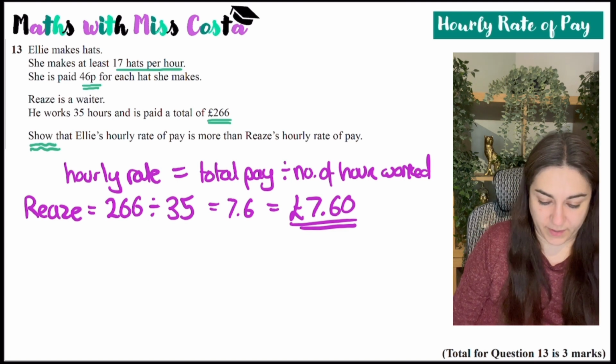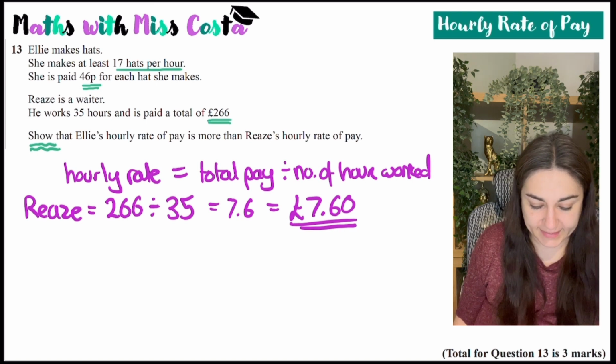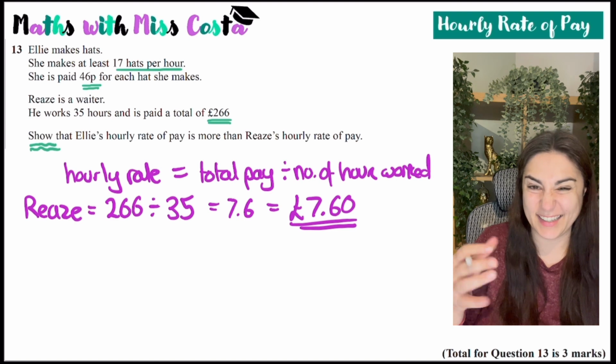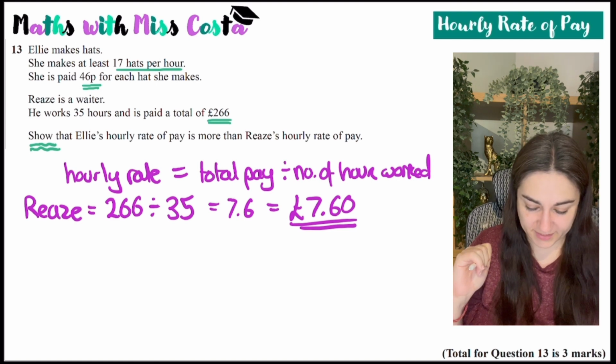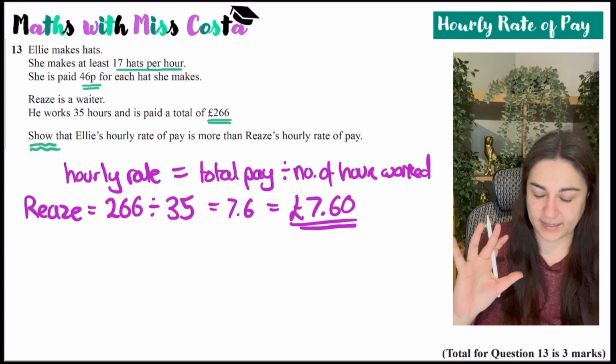Then I need to figure out what Ellie's hourly rate of pay is. She makes at least, so this is not a great worded question, because if she makes 20, she'll get paid more, but let's just go with the basic.